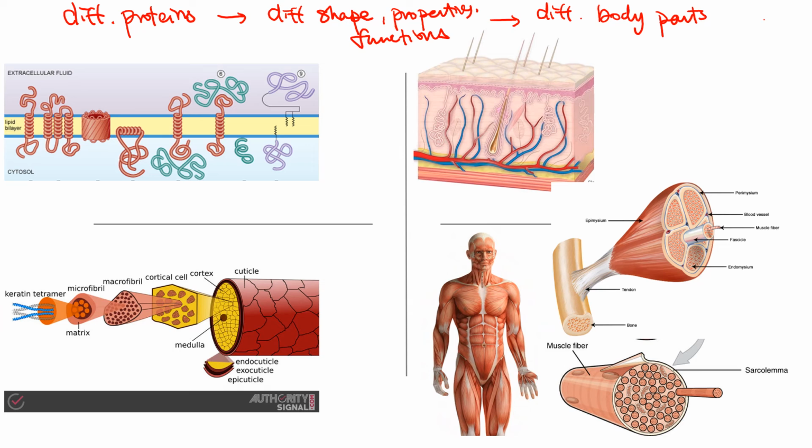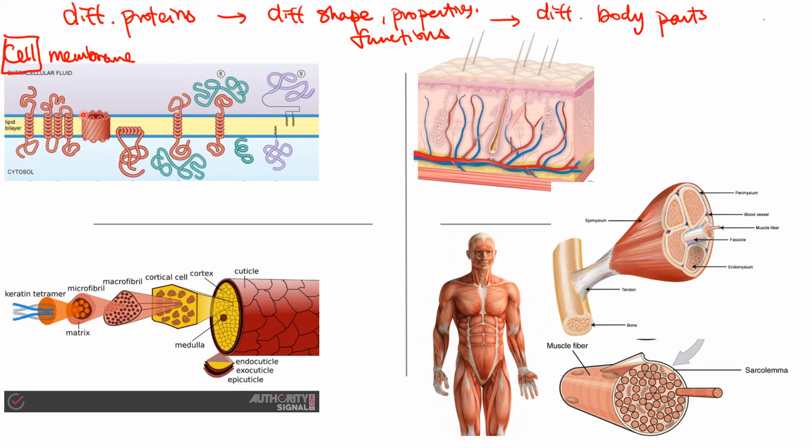Or even the cell part. So let's start with cell level. This is the cell membrane. You can see there are a lot of different shapes of proteins inserted across the membrane, and they serve different functions.